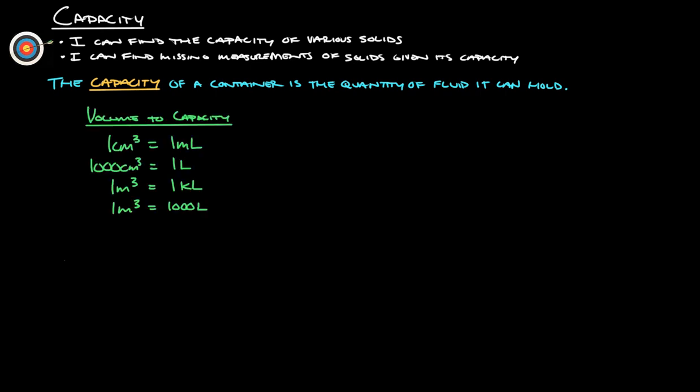So what we want to do is volume to capacity. 1 centimeter cubed, which is called 1 cubic centimeter, or you can also hear it often in the medical field as 1 cc, is equal to 1 milliliter. 1,000 cubic centimeters is equal to 1 liter. 1 cubic meter is a kiloliter, and 1 cubic meter is also considered to be 1,000 liters. So these are just some of our little conversion pieces here.